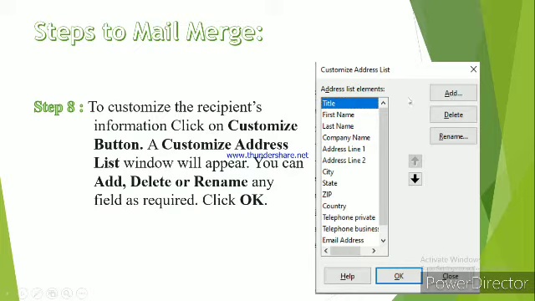If you want to add, you will select it and click on Add. It will get added automatically. If you want to rename it, click on Rename. It will allow you to rename that particular field. If you don't need a field, you will delete it. Okay, these three operations you can perform, and then you will click on OK.